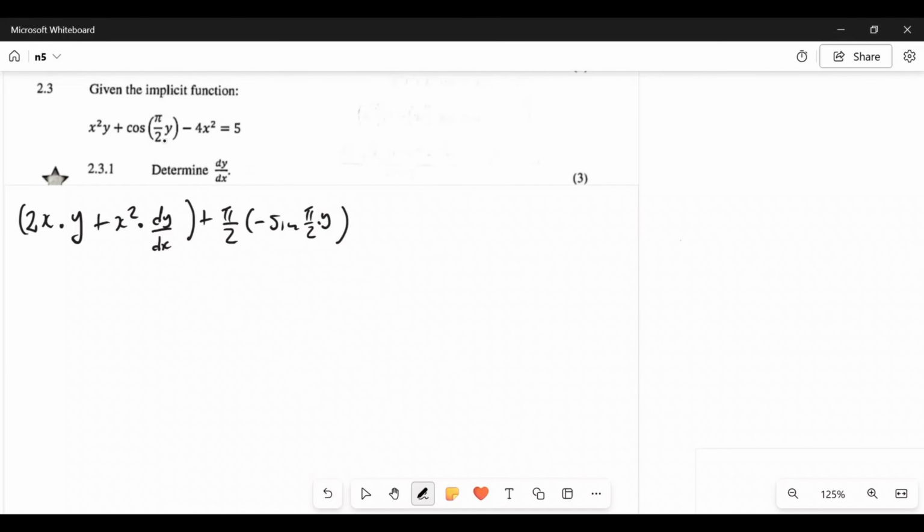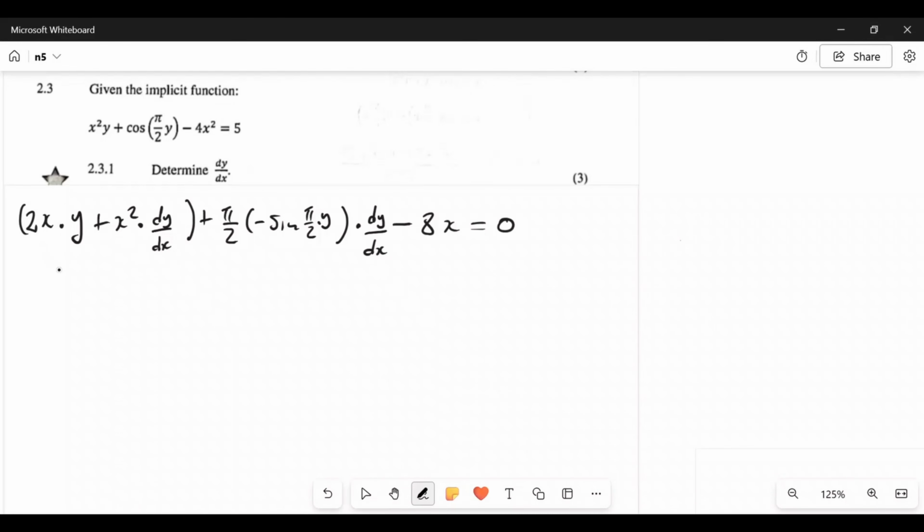Since we are deriving in terms of y, let's not forget we multiply by dy over dx. Minus, and then we have negative 4x squared, so this is going to be 8x. All this is equal to 5. What is the derivative of 5, which is a constant? It's going to be 0.